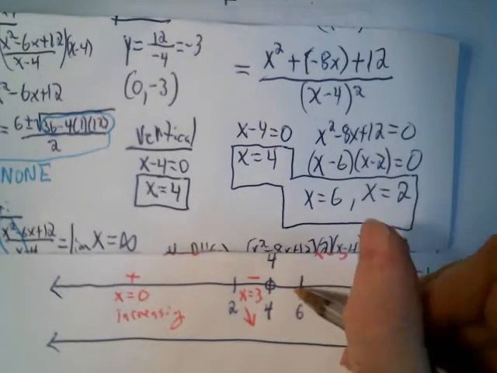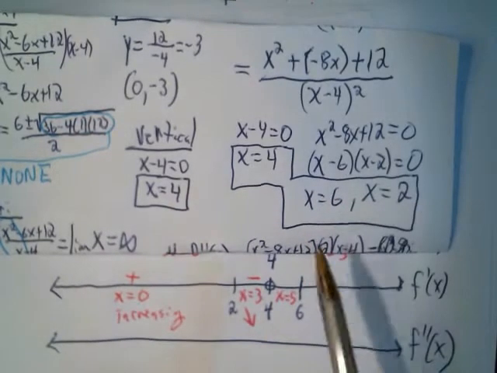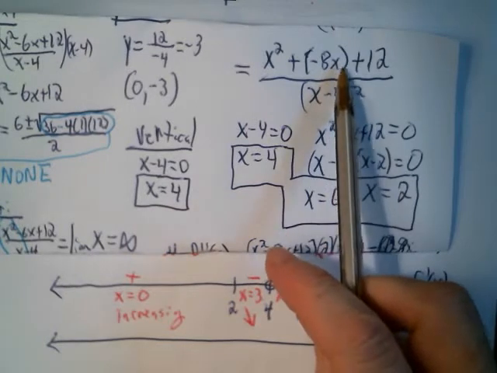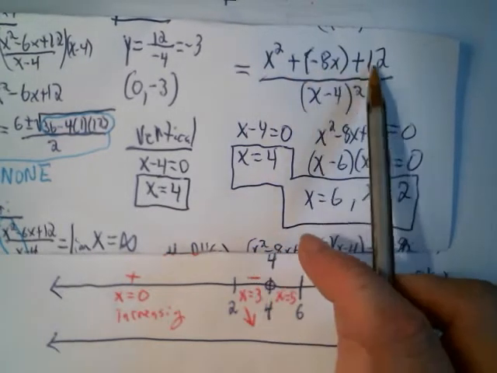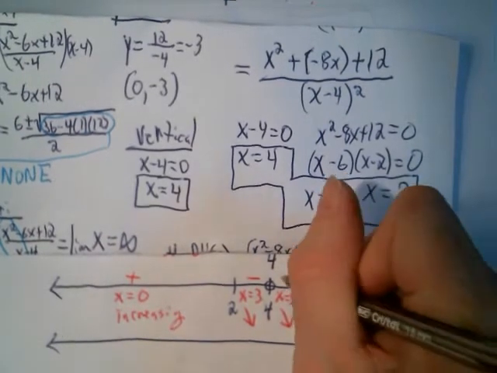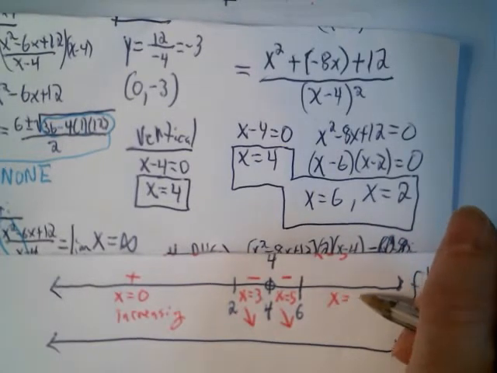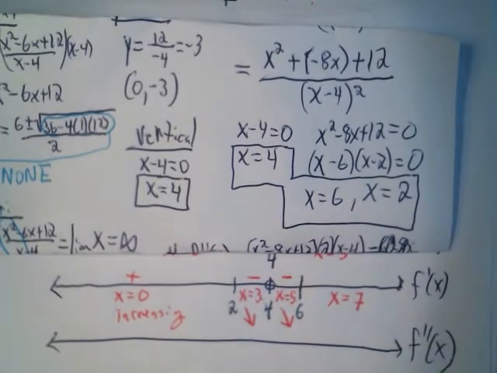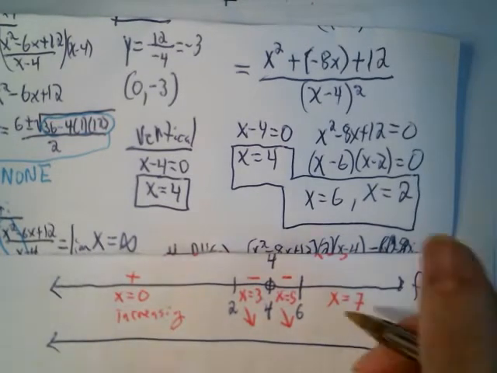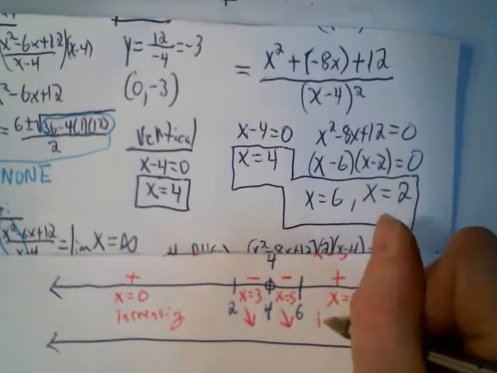For the 4, 5, 6, I'll try 5 as a test value. 25 minus 40 is negative 15. Negative 15 plus 12 is negative. So again, it's decreasing. And then try something like x is 7. So 49 minus 56 is negative 7. Negative 7 plus 12 is positive this time. So it's increasing on that interval.